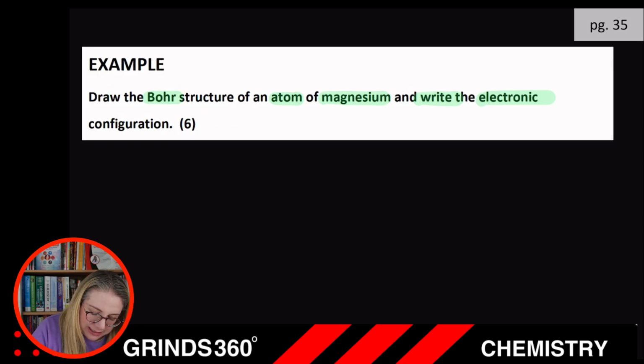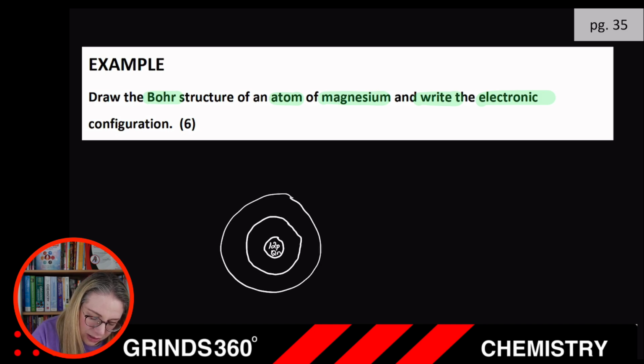When we're drawing this in, we start with the nucleus in the middle of the atom. In the nucleus, I always draw in the number of protons and neutrons. So we have 12 protons and 12 neutrons. Then around the nucleus, we need to draw 3 rings because it's in the third row.